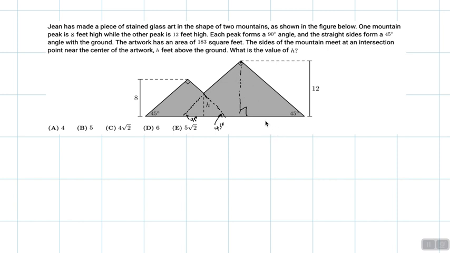So then we can infer that this is 12. So 12, 12, and then this is going to be, let's call that x. So x squared is equal to 288. x is equal to the square root of 288.